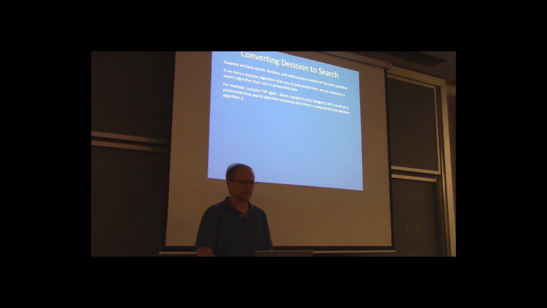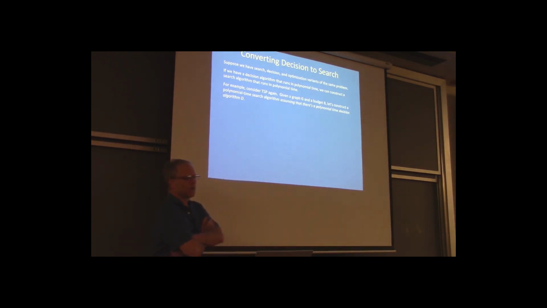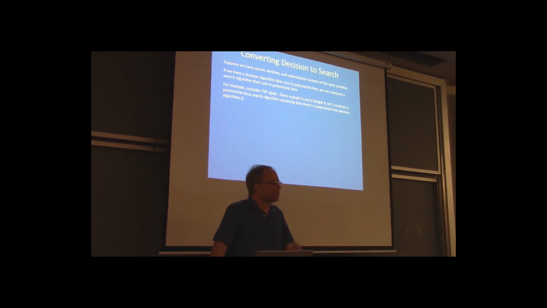And so let's assume we have a decision algorithm that runs in polynomial time that'll tell you whether or not a Hamiltonian cycle exists. Let's use it to create an algorithm that'll find a Hamiltonian cycle.